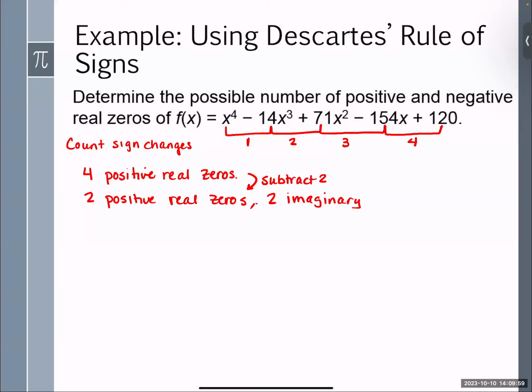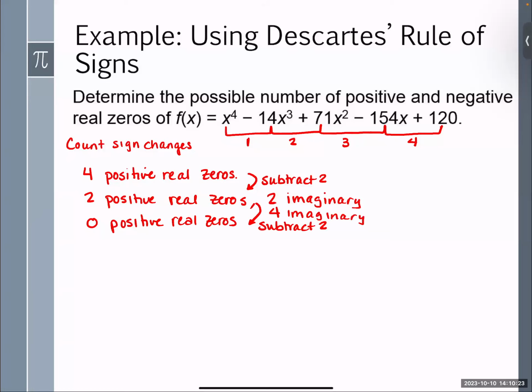And then he says subtract 2. So there could be no positive real zeros, and there could be 4 imaginary.